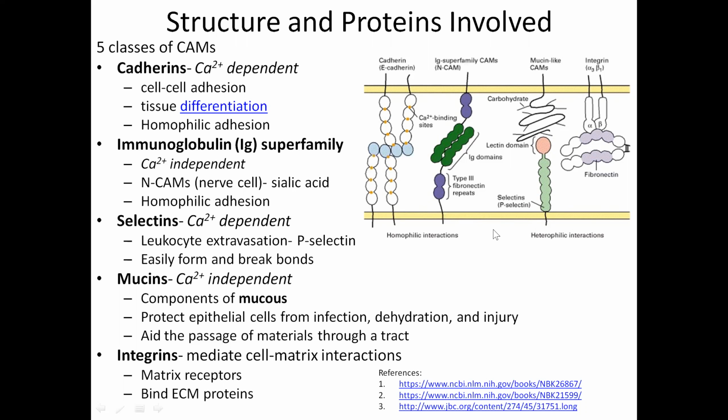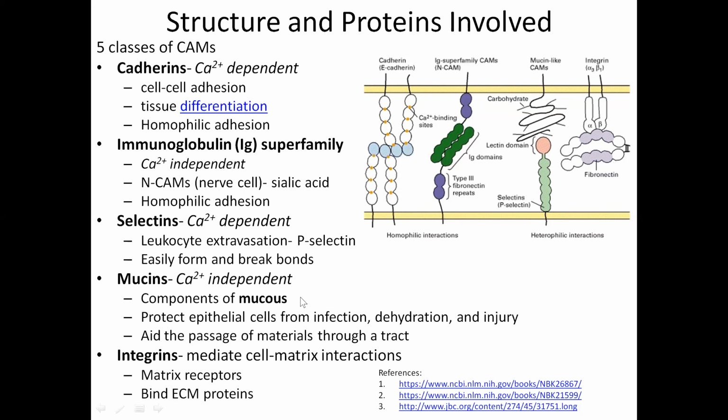There are also selectins, you can see an example here, which are calcium dependent. They're involved in leukocyte extravasation, where the leukocytes move through the tissue, and this involves specifically P-selectin. So the leukocytes move through the tissue by binding to other cells and forming and breaking bonds easily. So that's what selectins do.